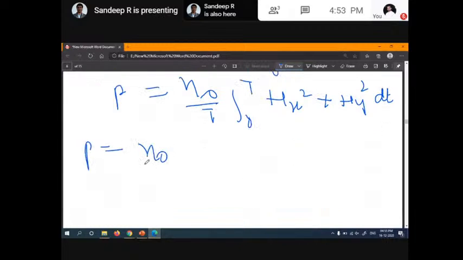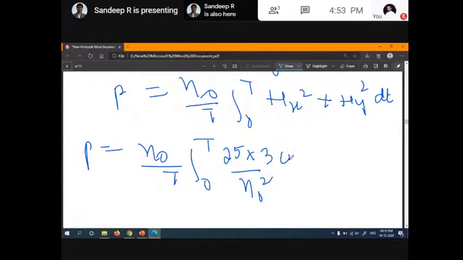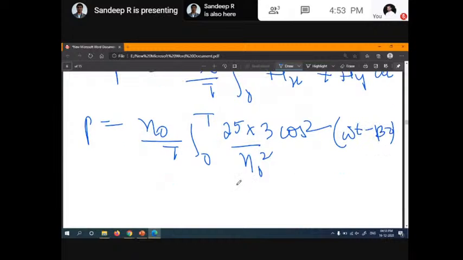So eta naught divided by T, integral 0 to T, Hx square, when you square it, you'll get 25 into 3, it is 5 root 3, so 25 into 3 divided by eta naught square cos square of omega t minus beta z, plus Hy square is 25 divided by eta naught square sine square of omega t minus beta z.